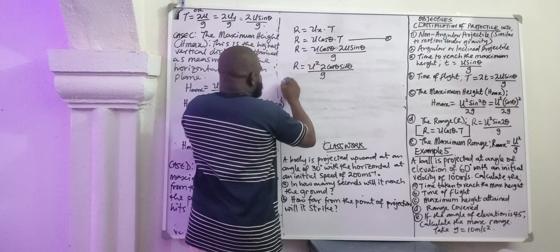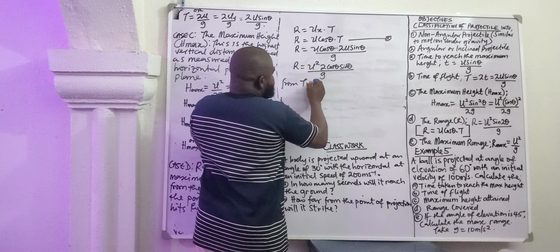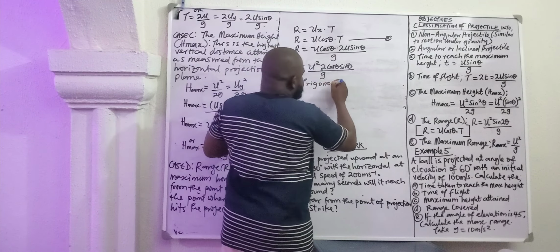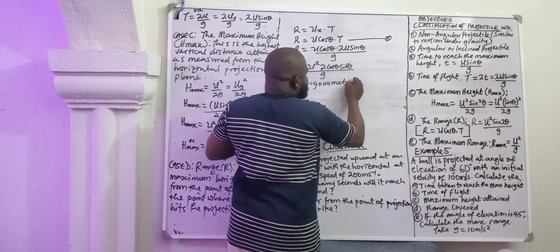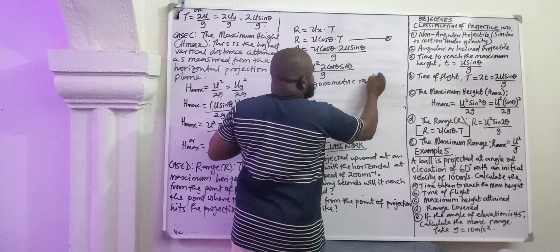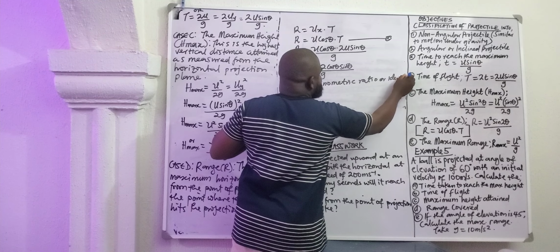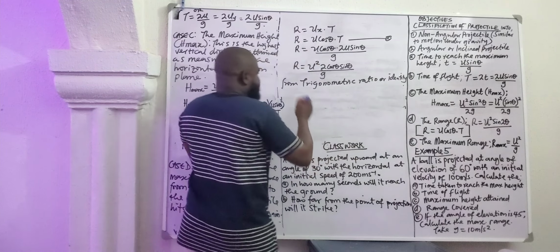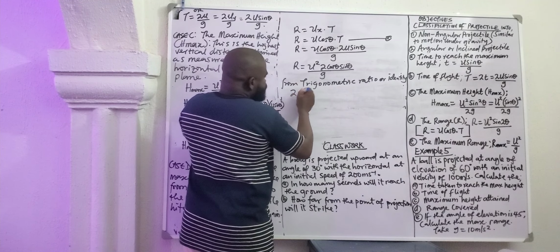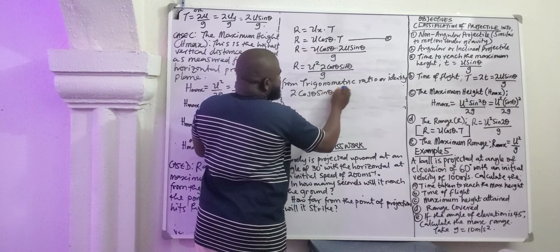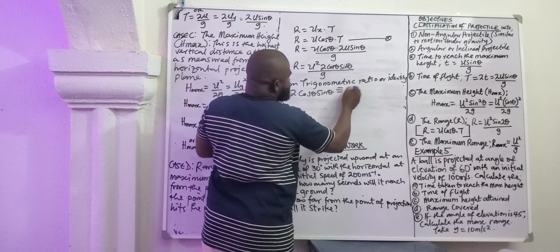So I say from trigonometric ratio or identity, we have that 2 cos theta sine theta is actually the same as what?